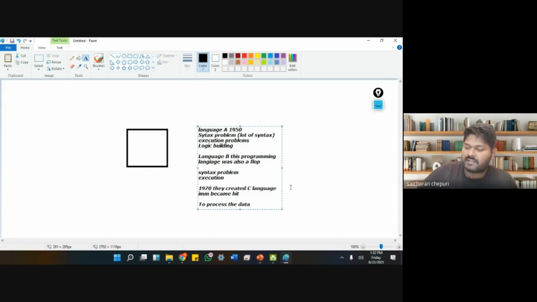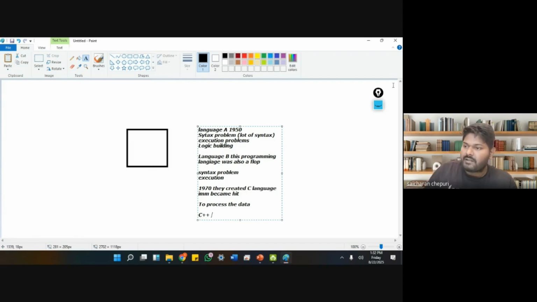They came up with C++ after C. Now, C++ is also a programming language which is faster and more reliable than C language, right? Syntax wise, it is easy to implement, and it is easy to write and less code. And there are visible advantages over C language, right?